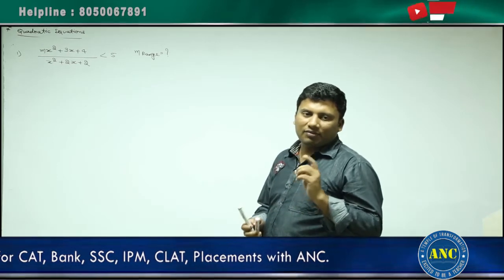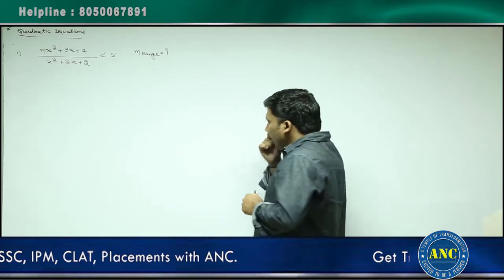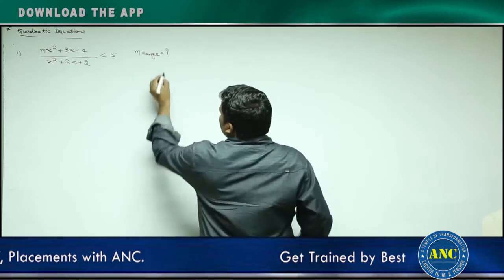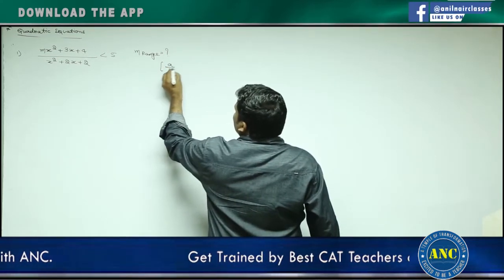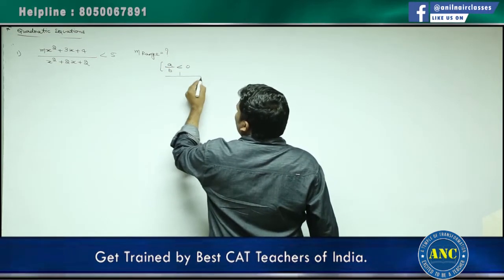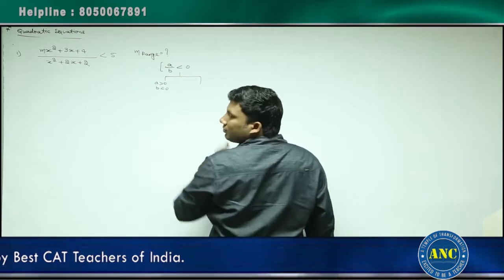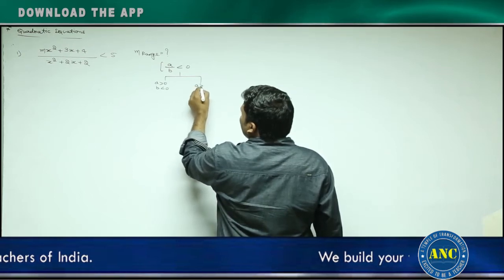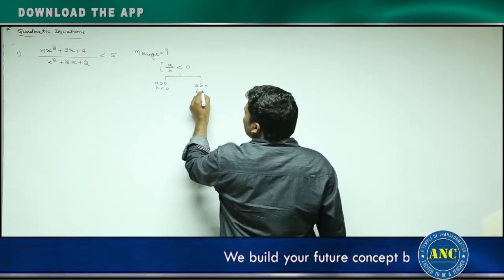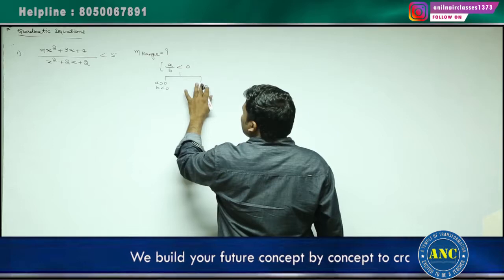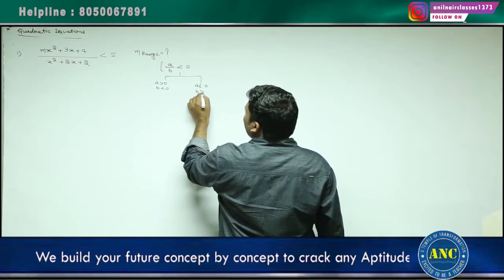Now, listen carefully. This first thing is a by b is less than 0. There are 2 cases. A is greater than 0, b is less than 0. Or a is less than 0, b is greater than 0.